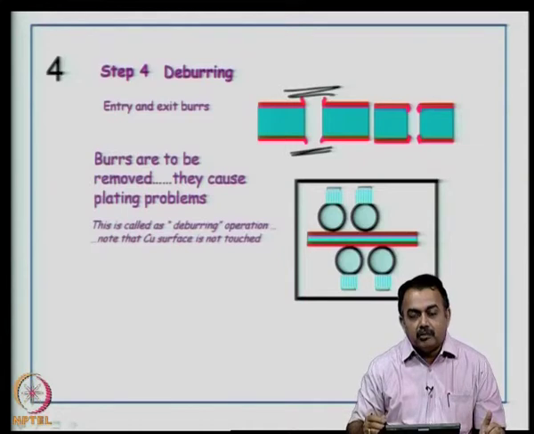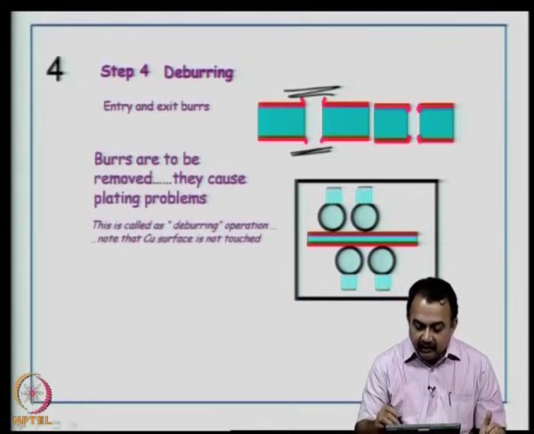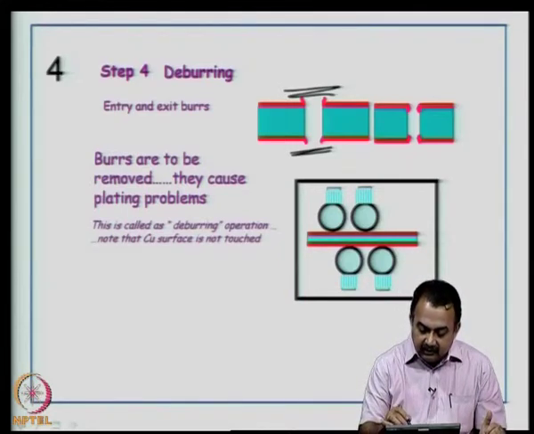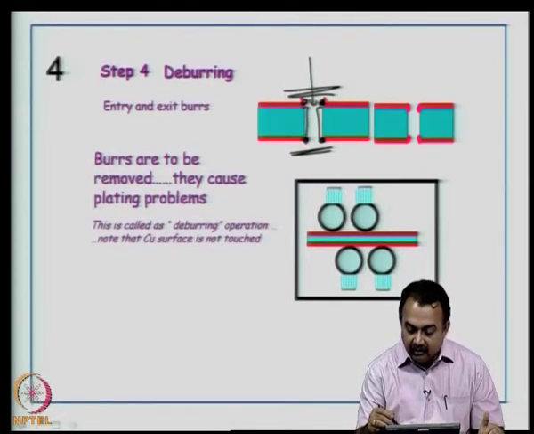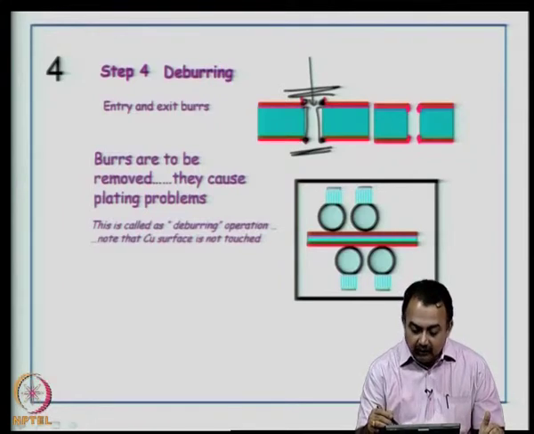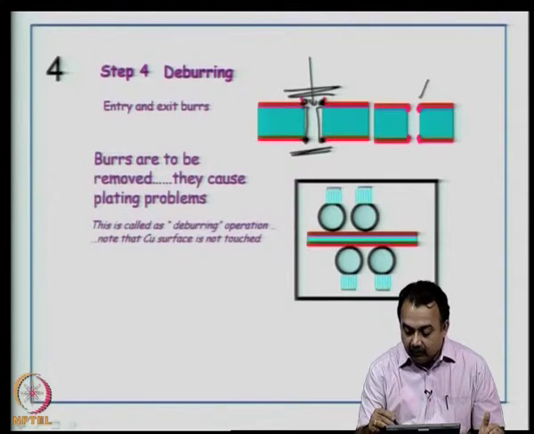If you do not remove these, they are going to act as high density areas where your plating can get uneven thickness compared to the hole wall, and you cannot insert your component through this. So, you have to get a very clear hole wall. Now, one of the things that you can do is push the burr inside the hole wall.